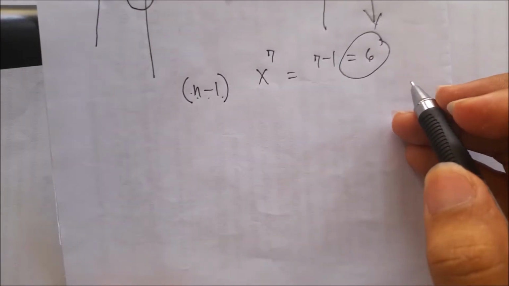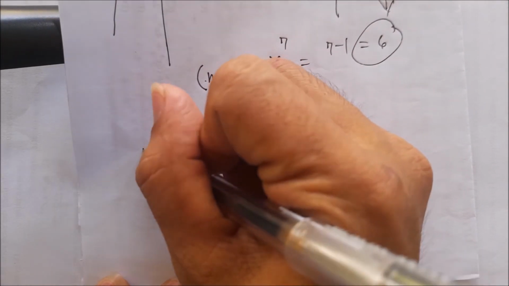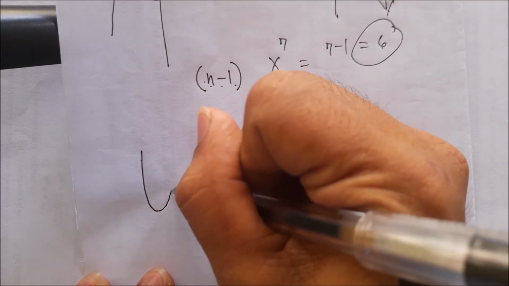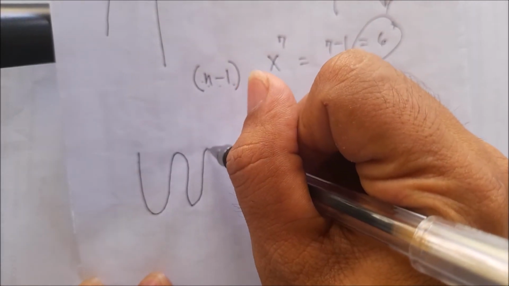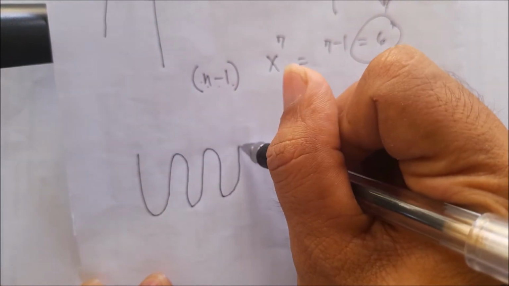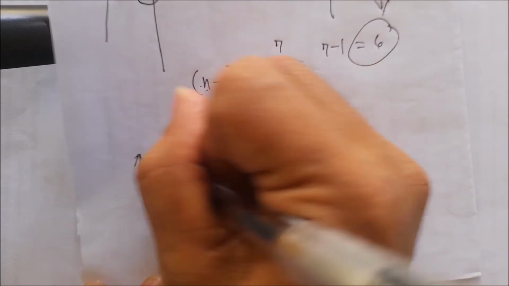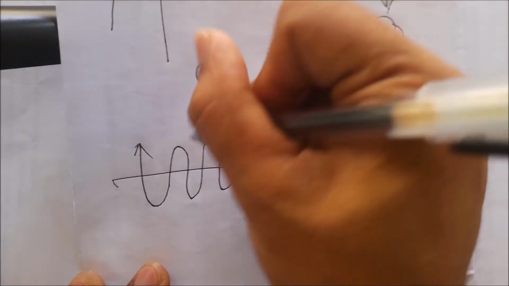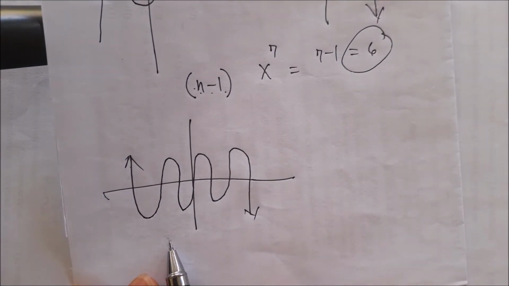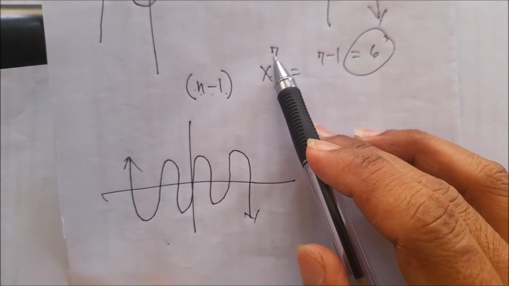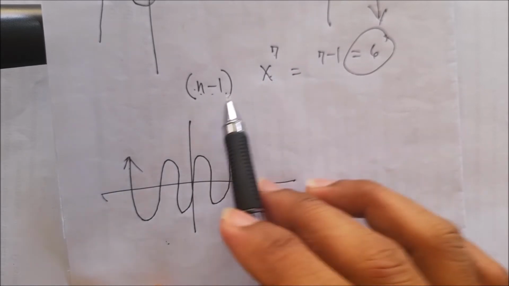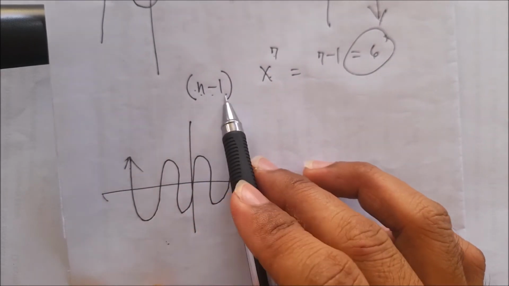There are 6 turning points: lowest, highest, 1, 2, 3, 4, 5, 6. The exponent is 7, so the turning points is n minus 1.